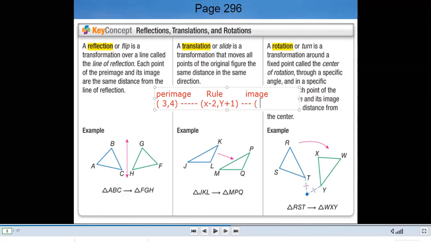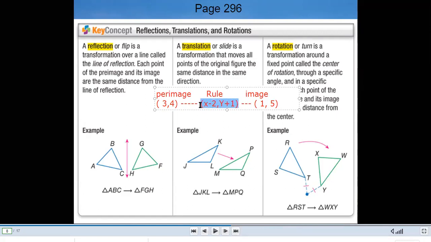So 3 minus 2 equals 1, and 4 plus 1 equals 5. Already I added 3 plus negative 2 equals 1, and 4 plus 1 equals 5, because I have the pre-image and the rule.